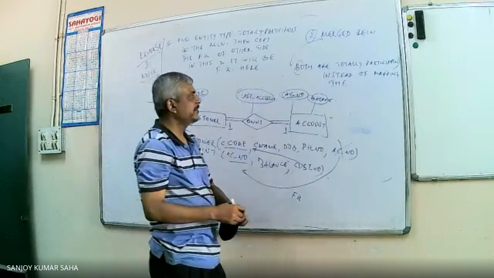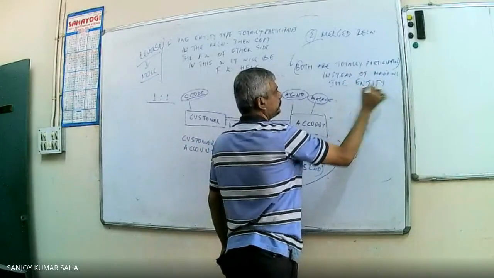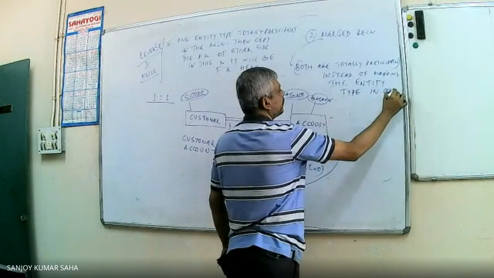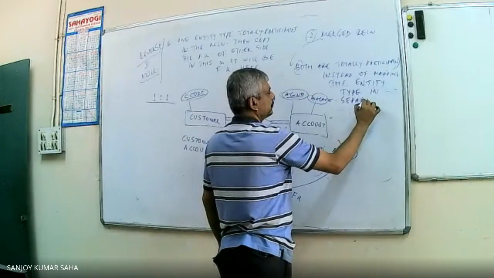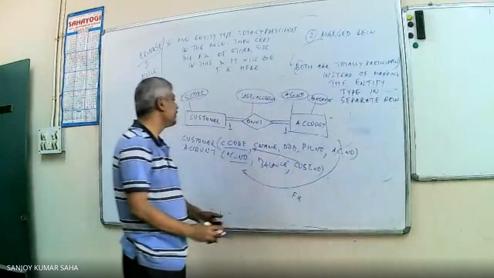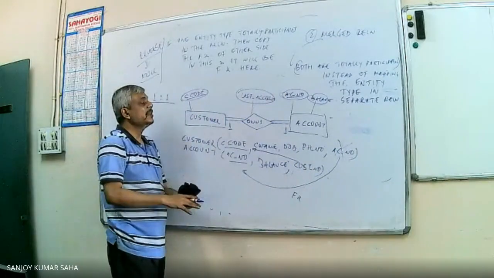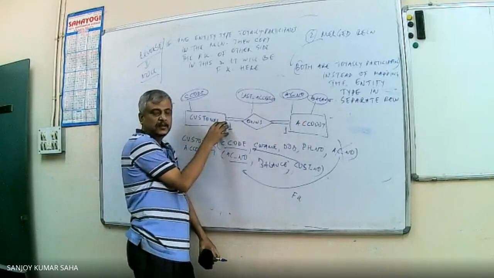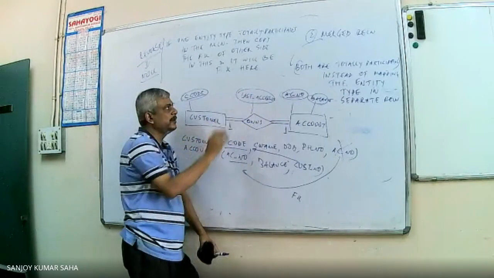Or the other alternative is that instead of mapping the entity types in separate relations, one thing I have used: in the foreign key approach, if I keep the primary key of this thing here, then the attributes of the relation will also be copied.